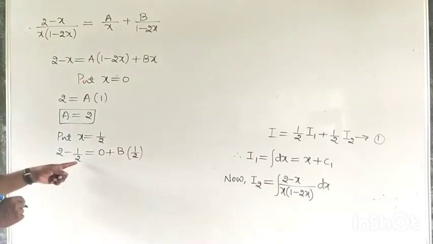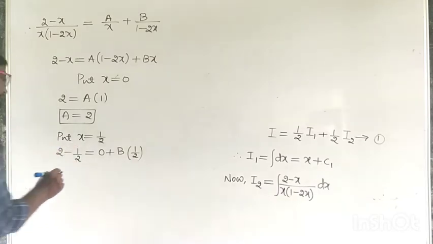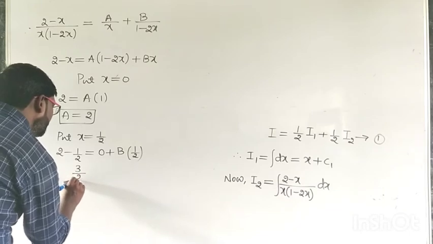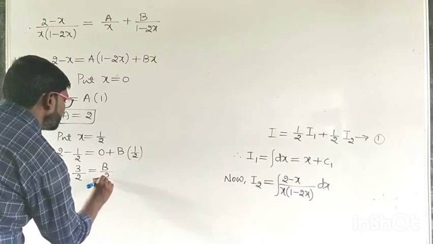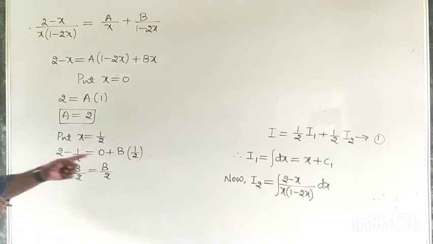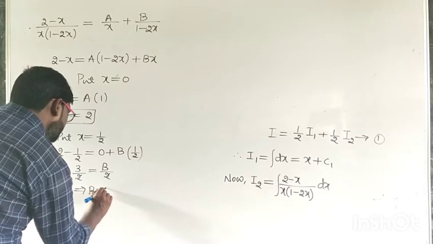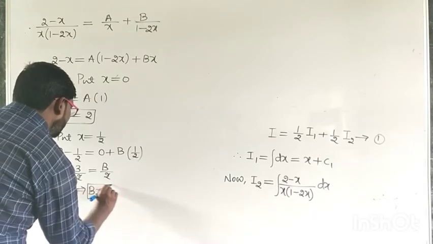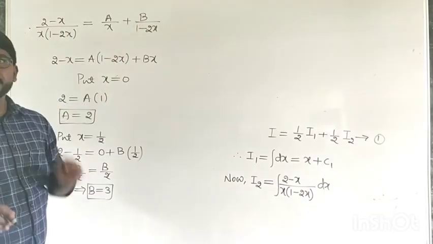Take the LCM: 2 multiplied by 2 gives 4, 4 minus 1 is 3. So 3 by 2 equals B into 1 by 2, which is B by 2. The 2 cancels, so B equals 3. So now substitute the values of A and B in this particular equation.